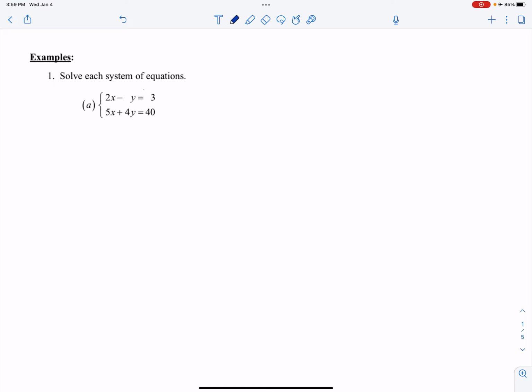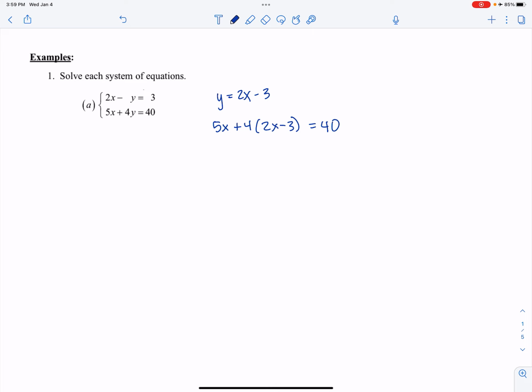So we have 2x minus y equals 3 and 5x plus 4y equals 40. What I'm going to do is solve for y. So y equals 2x minus 3, and then I'm going to substitute that back in. So we have 5x plus 4, and y I'm going to rewrite as 2x minus 3, equals 40.